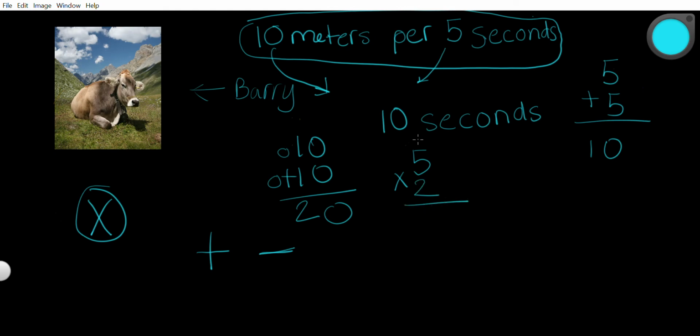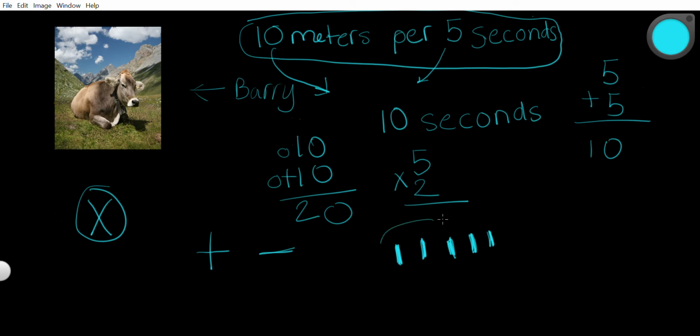So you could have done it 5 times 2. Let's say he runs 5 meters for the example. He runs 1, 2, 3, 4, 5. So that's each track.